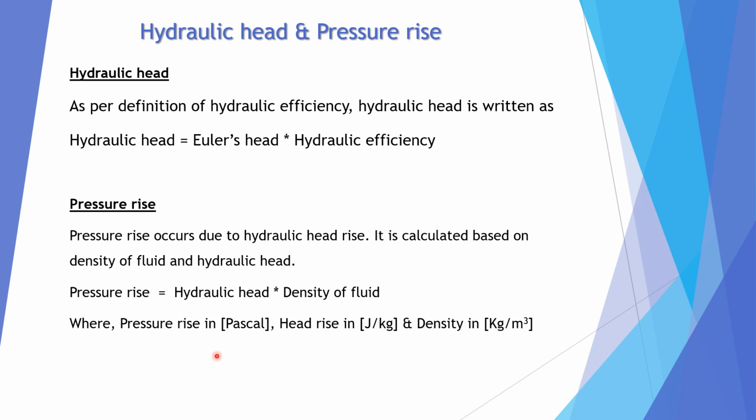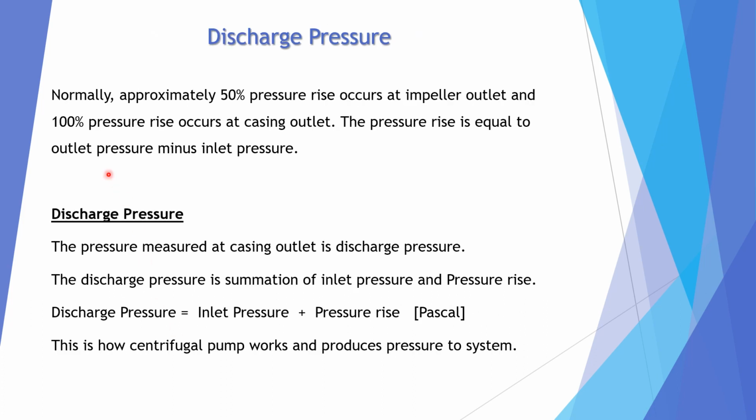If you multiply, it becomes Pascal, Newton per meter square. Normally, approximately 50% pressure rise occurs at impeller outlet and 100% pressure rise at casing outlet. So pressure rise is equal to outlet pressure minus inlet pressure.